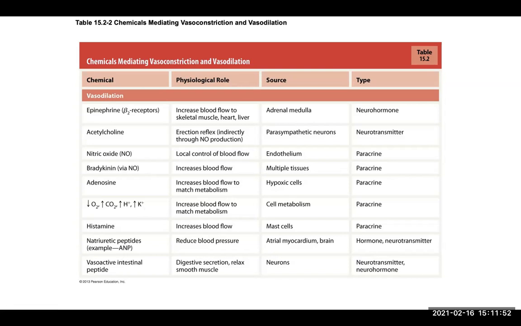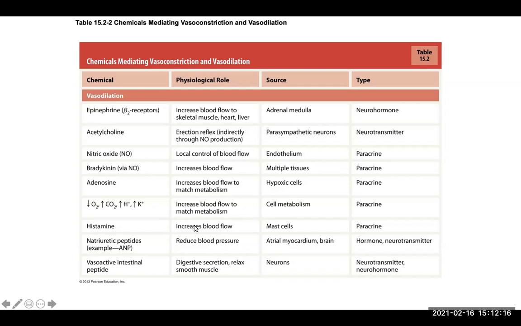So gases and ions, what happens here is these work as paracrine signals. They are going to change during metabolism because when you eat, obviously these values change, and they lead to active or reactive hyperemia, which then will result in a change in your metabolism.